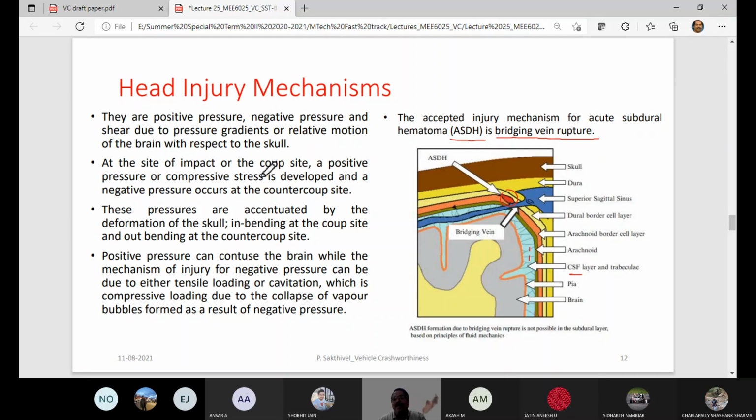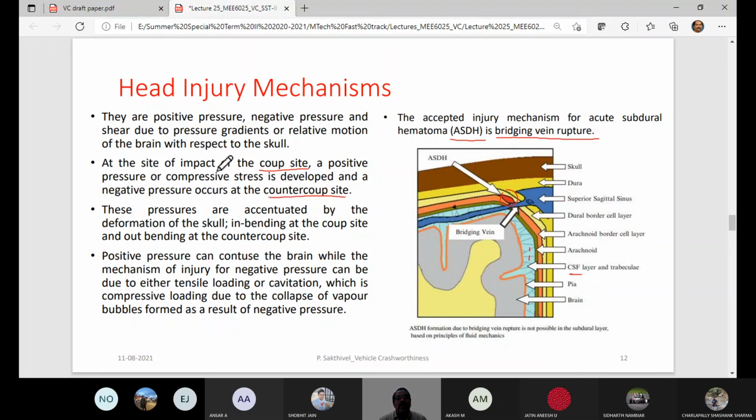So if I get an impact anywhere on my head and the skull, then that point is what is called the coup site. A positive pressure or compressive stress is developed immediately inside. Exactly opposite is what is called the countercoup site.